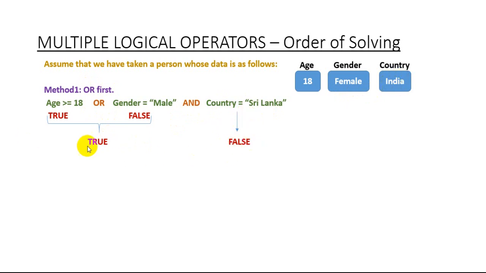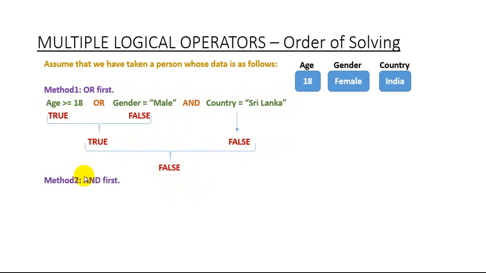So now we have this. Now the OR is solved, and we solve the AND next. True and false: with AND, both of them must be true to get a true. If one of them is false, you get a false. So if you evaluate these conditions doing the OR first and then the AND, our final result comes as false.